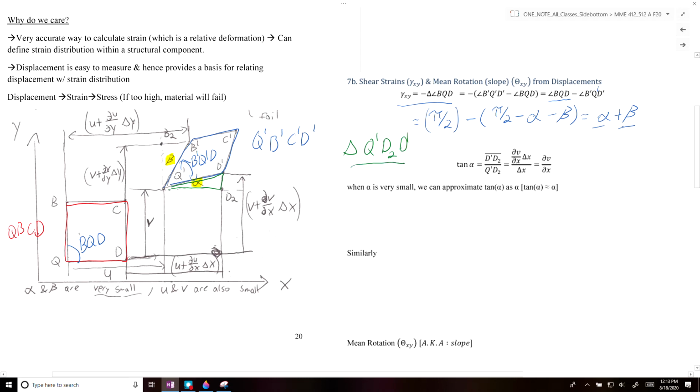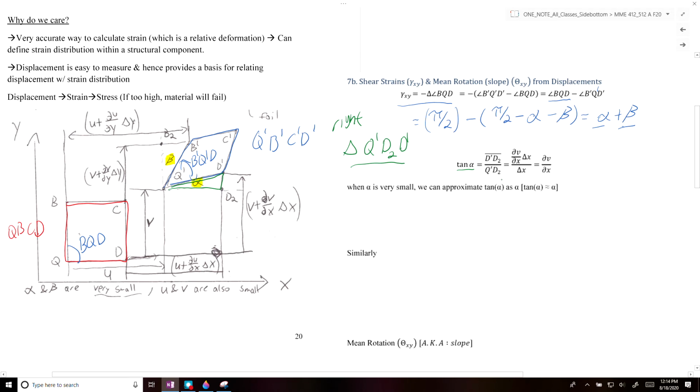If we use this right triangle, we can calculate the angle alpha using the sides. So the tangent of alpha would be equal to the length of D prime over D2 divided by the length of Q prime over D2.